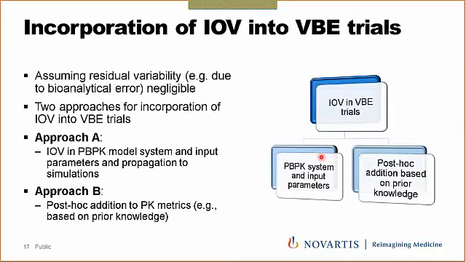The next question that we have to answer is how we are going to incorporate this interoccasion variability into the virtual bioequivalence trials, and whether this kind of variability is important for the PBPK modeling approach. And I hope with a case example that I will show you later, this will be clearer.